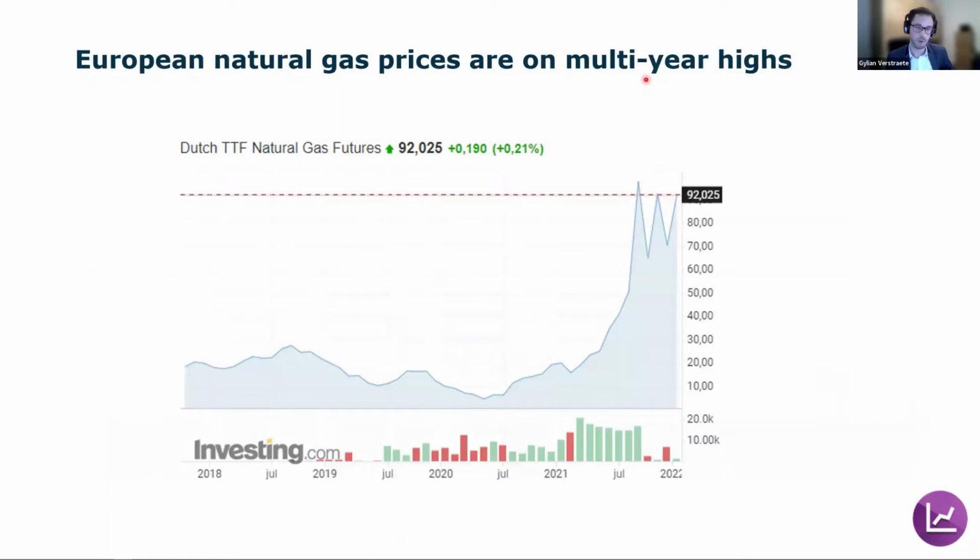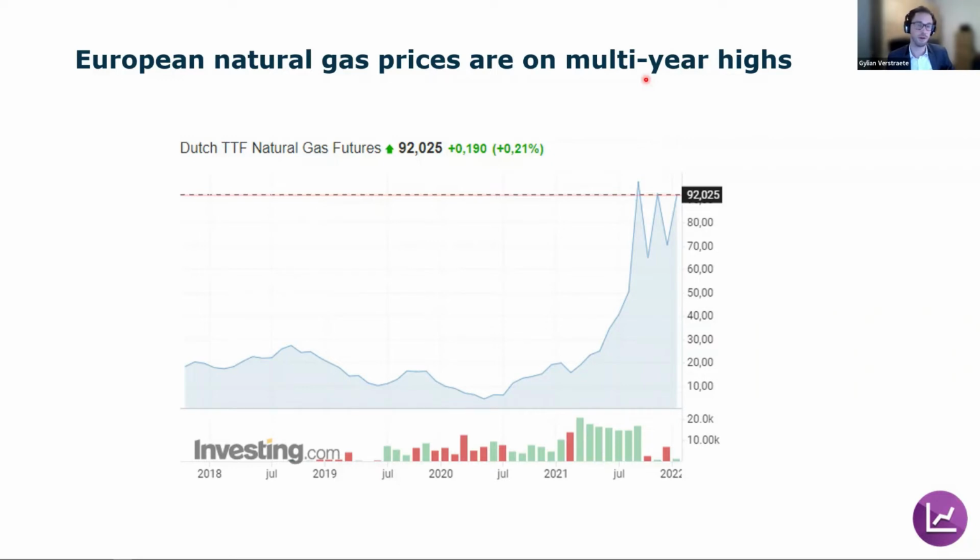If we then look at, for example, European natural gas prices, those are at a very high value, a factor of 4, I think, compared to last year. That is due to a combination of the geopolitical tensions we're seeing, also very low inventories.